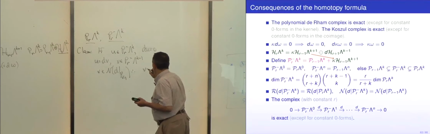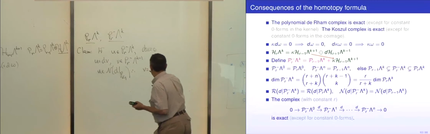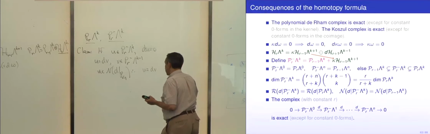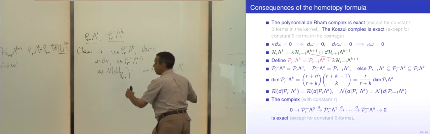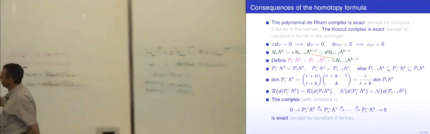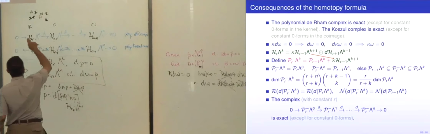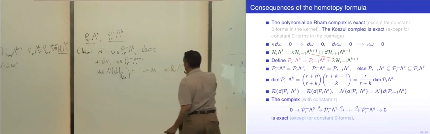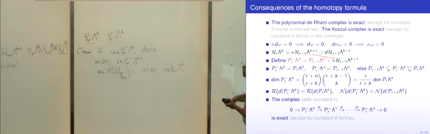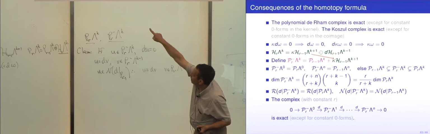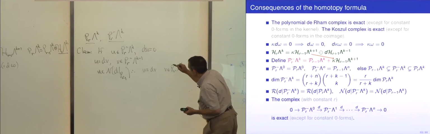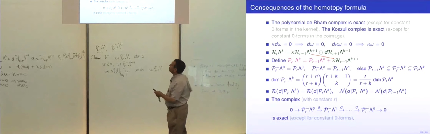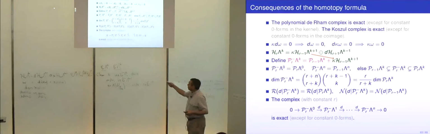Therefore u is equal to dv, where v is a polynomial of degree r, k form, because in this complex you go up. If you're in P_{r-1} and d is 0, then you're d of something in P_r. So this u is d of something in P_r, but the range of d on P_r is the same as the range of d on P_r minus, so we can take the v in P_r minus. So that shows that this complex here is a complex with no homology.